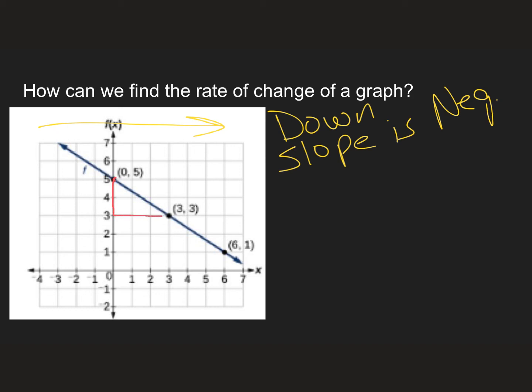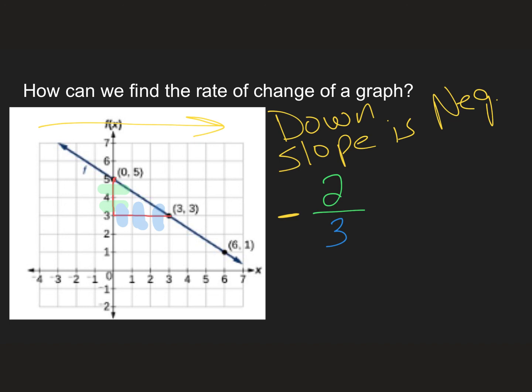My run is 1, 2, 3. Again, I can count them. That means my rise 2 over my run of 3. And I know that this is negative. So my slope is negative 2/3.